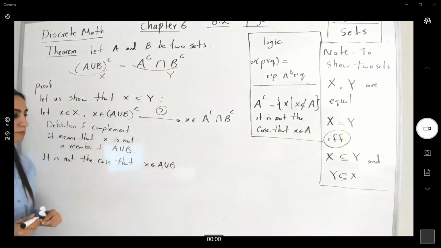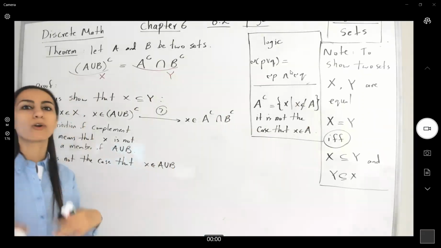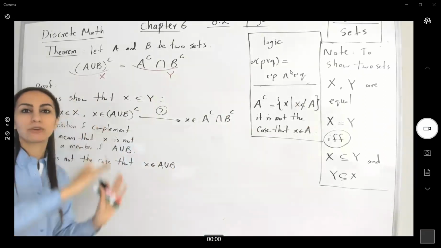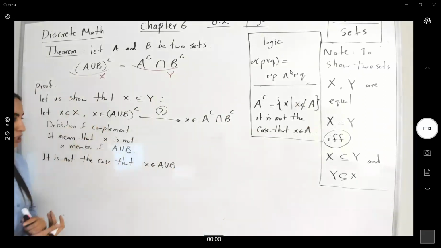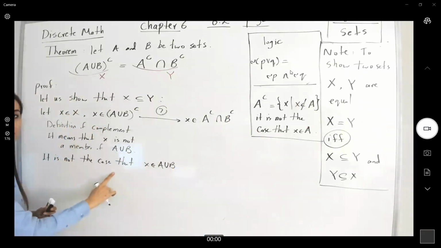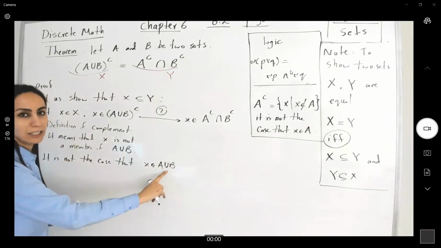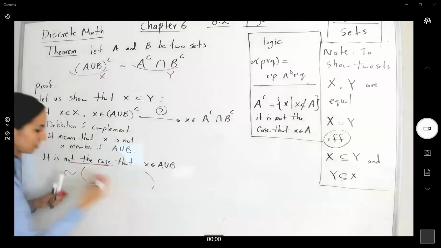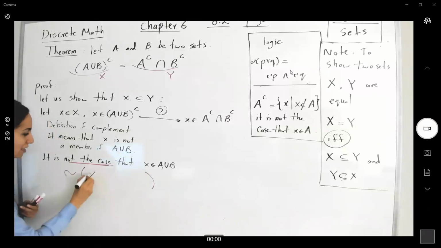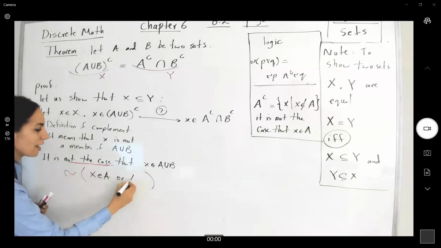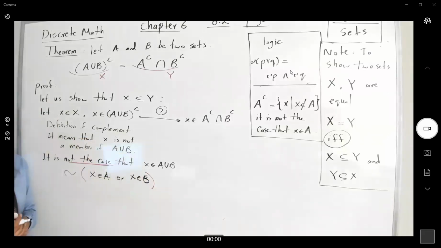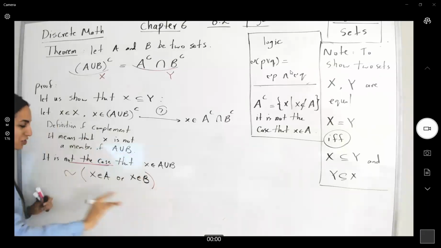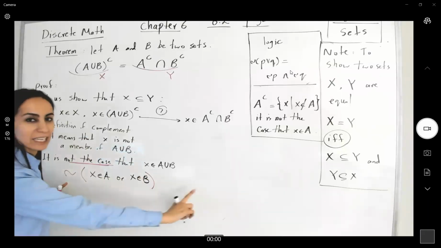But what was the union? X is in A or X is in B. From set theory, we're moving to logic. It's not the case that X is in A or X is in B. Logic interpretation, it is not the case that, negation, X is in A or X is in B. So logical interpretation, it means that we distribute the negation over.